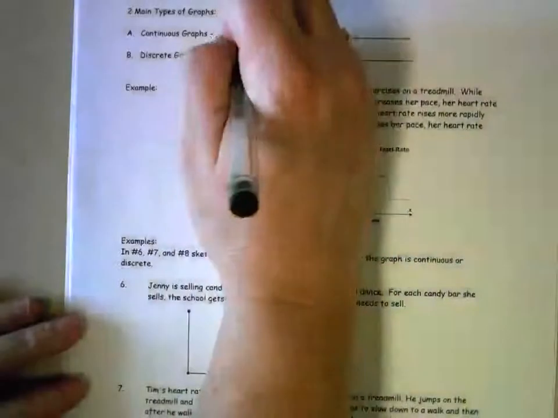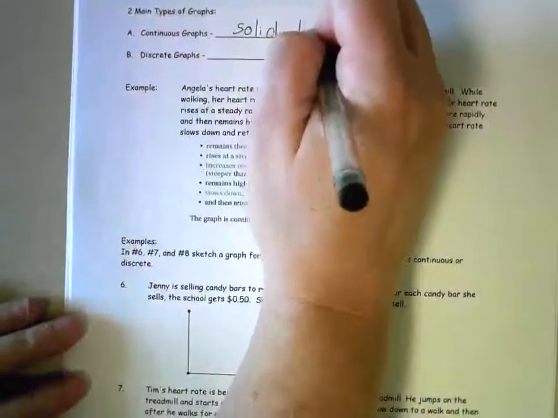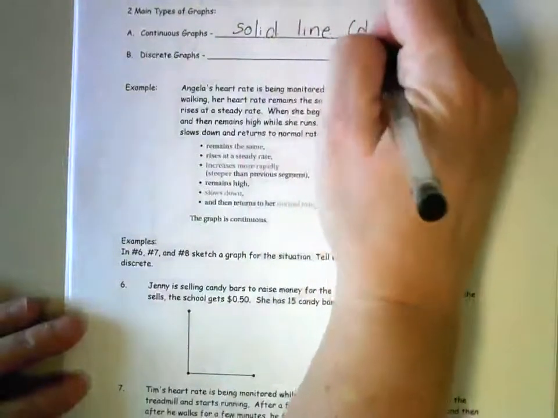On the second page, we have two types of graphs. A continuous graph is a solid line, and the solid line is when all those fractions and decimals make sense.